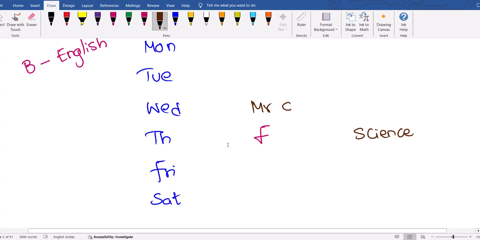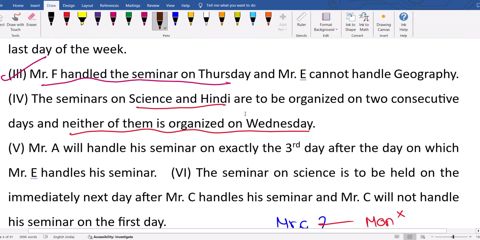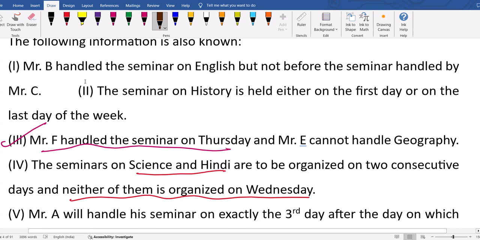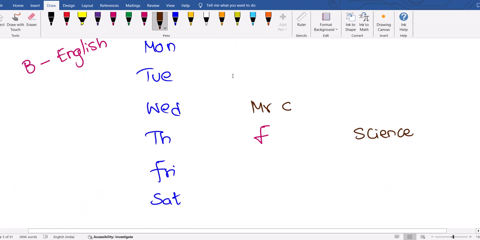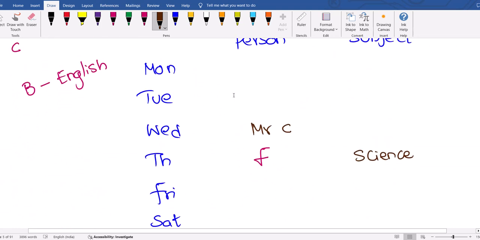Is there anything they mentioned, C is so and so subject? C, E cannot handle geography. Okay. B handles seminar, but after C. C after English is required. Okay, fine. So the other possibility, definitely Mr. C is on Wednesday only.